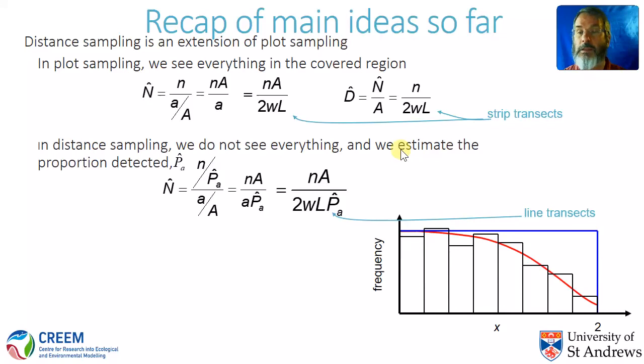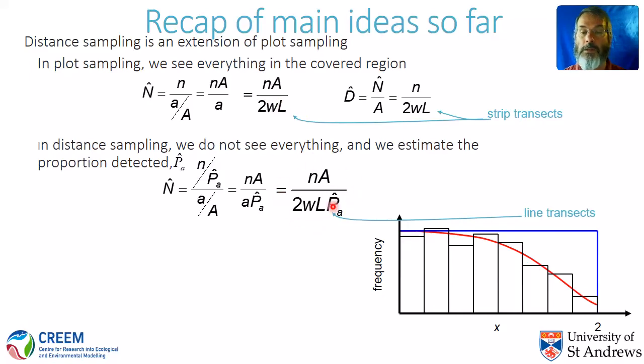So here you'll get to see the similarity between the formula that we use to estimate abundance under plot sampling and the formula that we use to estimate abundance under distance sampling.